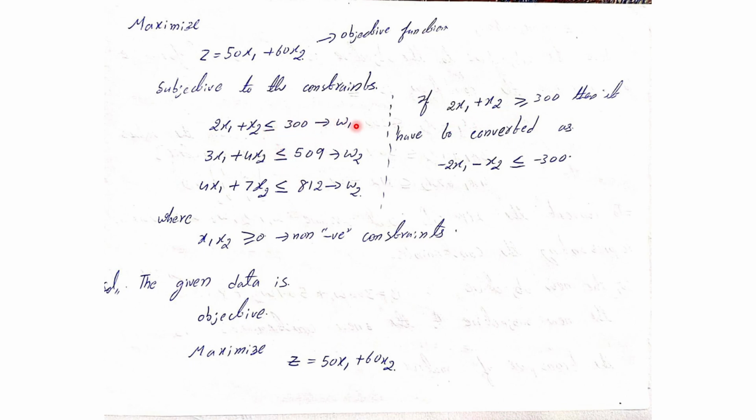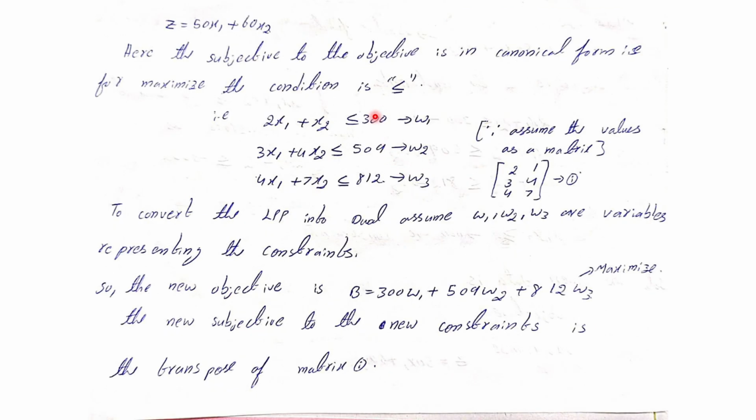For example, if there is any greater than or equal to, like 2x1 plus x2 greater than or equal to 300, then convert it into less than or equal to by simply multiplying by minus, giving minus 2x1 minus x2 less than or equal to minus 300. That's it. It's very simple.